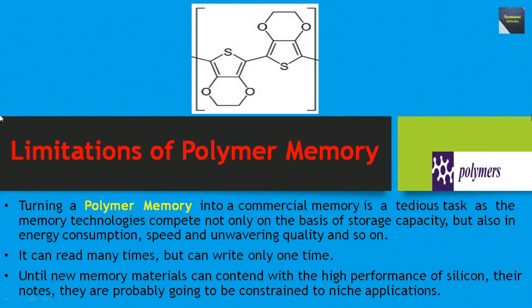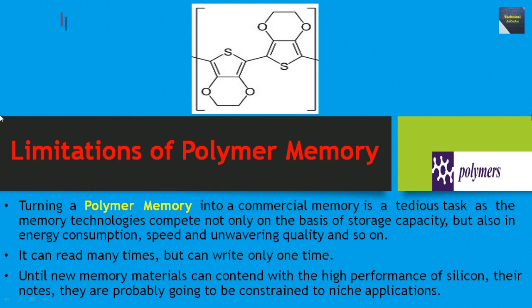Now we talk about limitations of polymer memory. Turning a polymer memory into a commercial memory is a tedious task, as the memory technology competes not only on the basis of storage capacity but also on energy consumption, speed, reliability and so on.